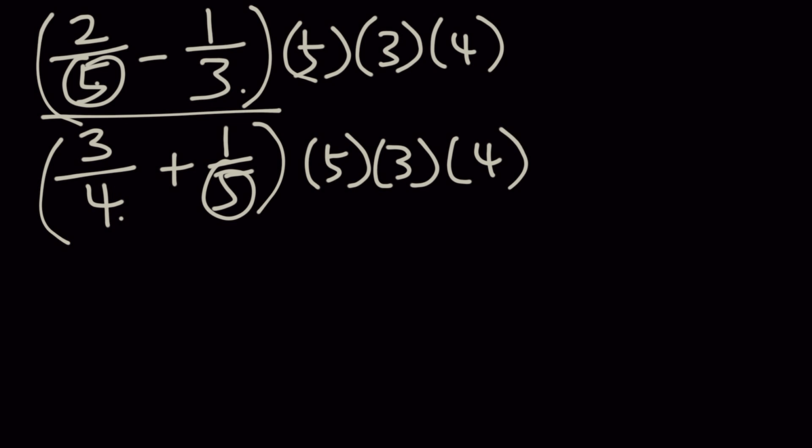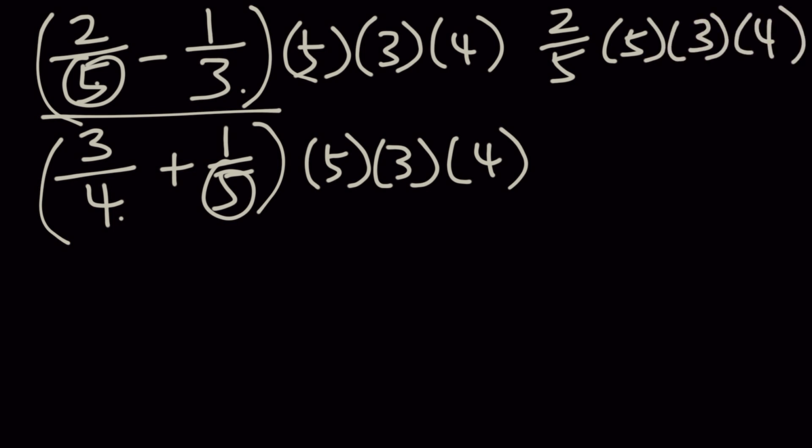For the numerator, we have 2/5 times 5 times 3 times 4. So 5 and 5 will cancel out. So we just need to multiply 2 by 3 and 4. So 2 times 3 is 6. 6 times 4 is 24. So we have 24.